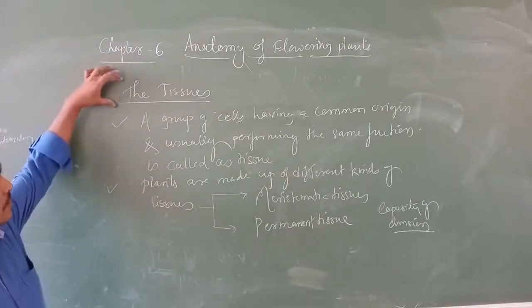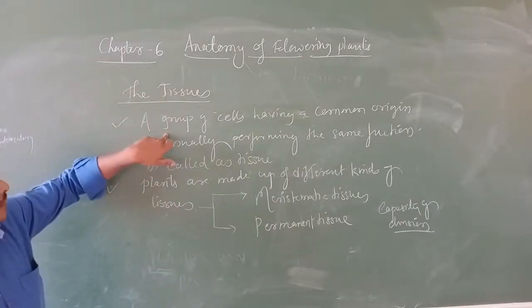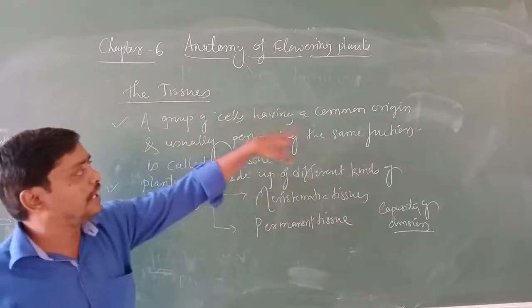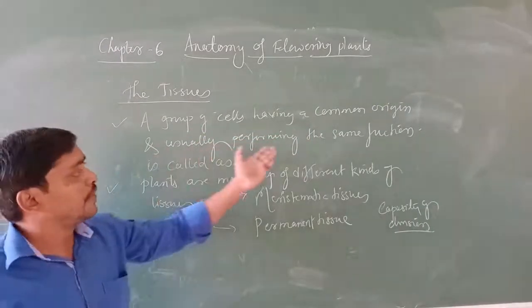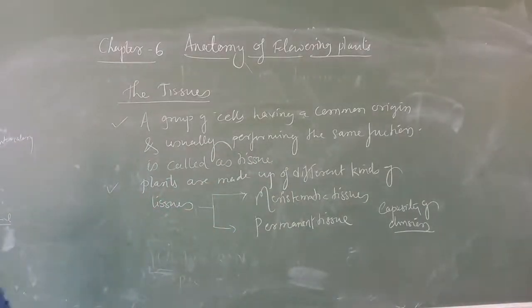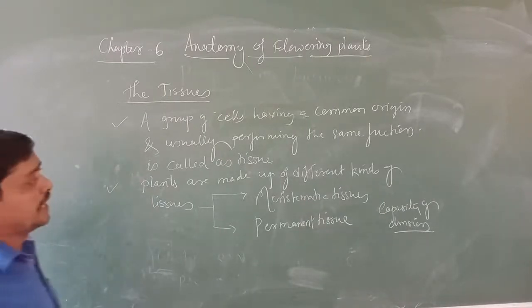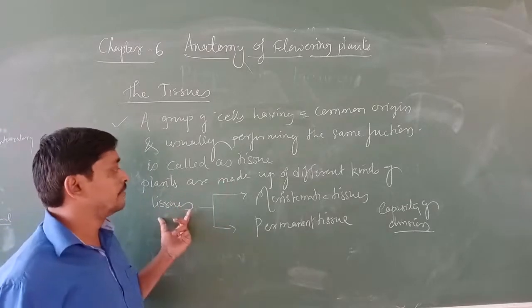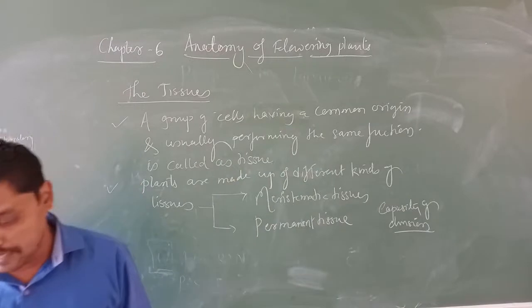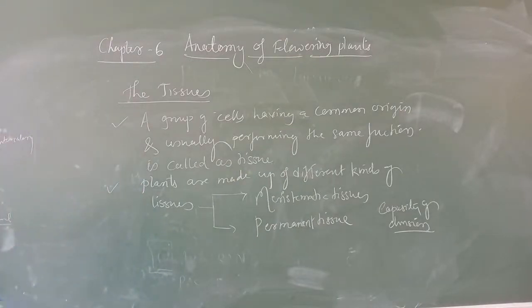So the definition of tissue: a group of cells having a common origin and usually performing the same function is called a tissue. And the plants are made up of different kinds of tissues. Mainly they are divided into meristematic tissue and permanent tissue.